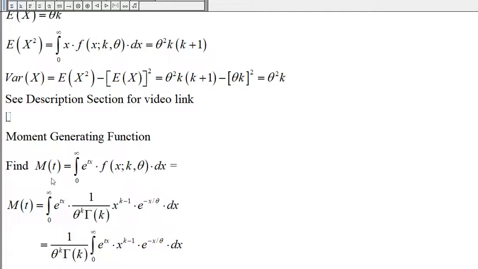The moment generating function is defined as m of t, which is the integral from 0 to infinity with the integrand e to the tx times the probability density function.